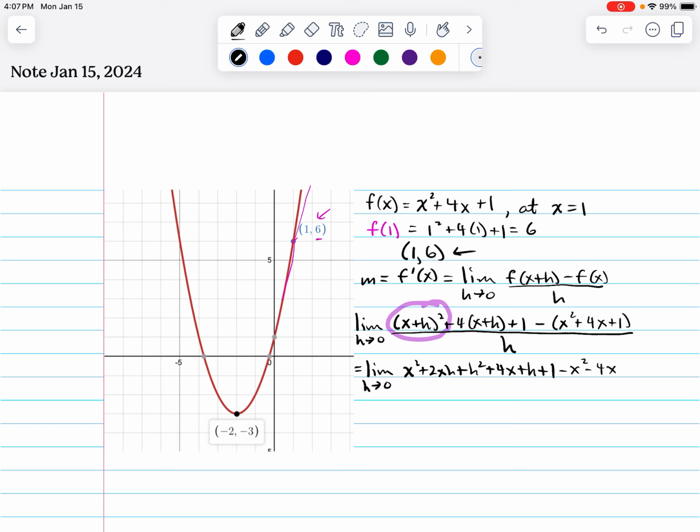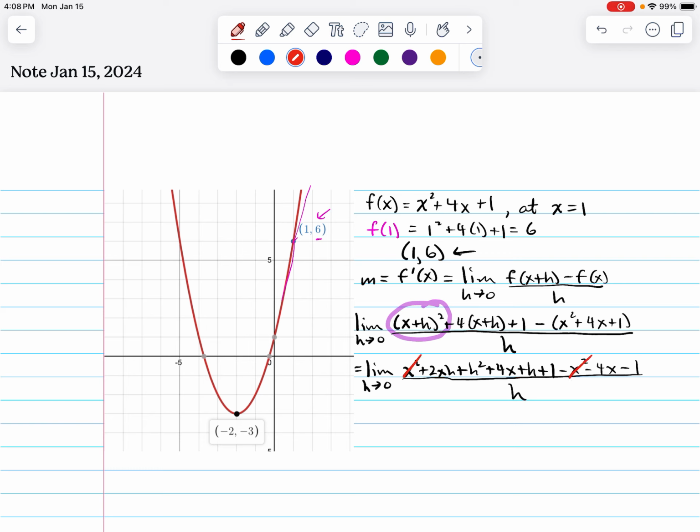Now, remember, you're subtracting off the entirety of the function, so you put parentheses around it. You don't want to just say minus x squared plus 4x plus 1, because then you wouldn't have the opposite signs of the terms. In other words, if you don't put the parentheses around it, you won't have this happening.